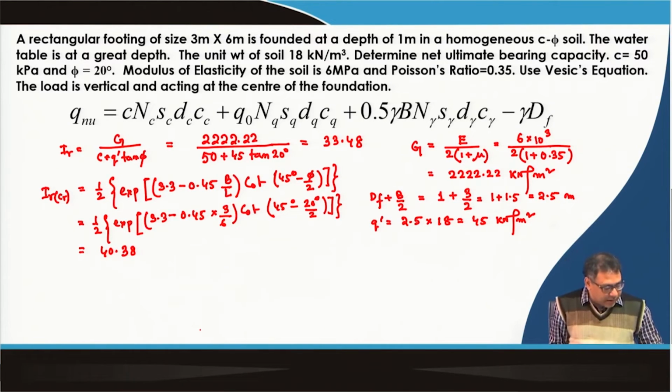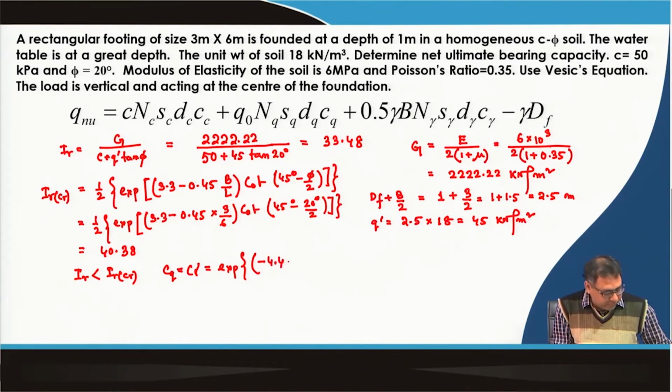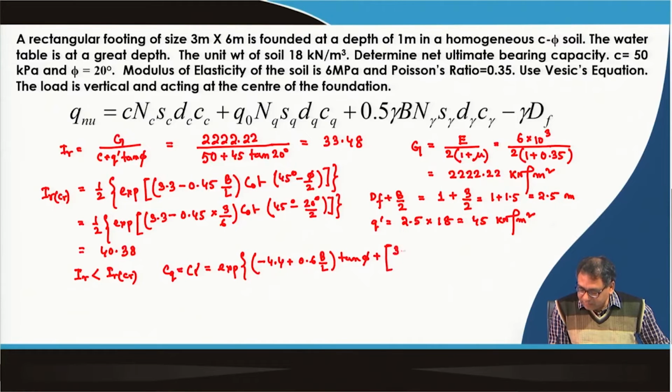Let us see. Now I can see that my IR is less than IR critical, so I have to calculate these factors, C_q and C_gamma, which is equal to exponential of [(minus 4.4 plus 0.6 B by L) tan phi plus (3.07 sin phi) into log of 2 IR, divided by (1 plus sin phi)].